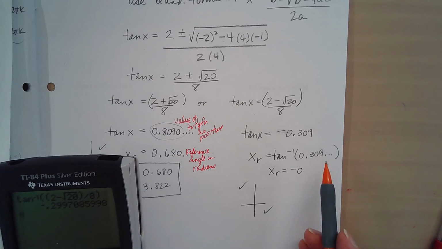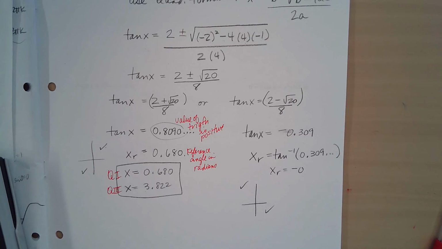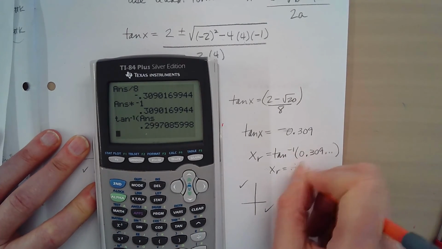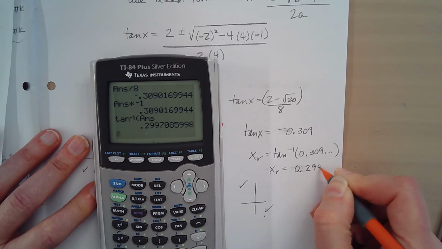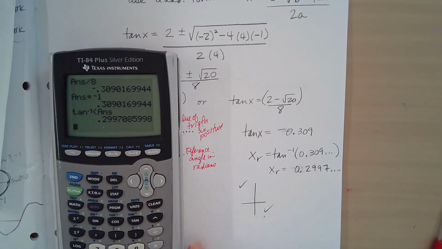Okay, so minus root 20, times negative 1 equals, okay, shift tan. Okay, this is my reference angle, 0.2997. Okay, it should be on the video later too.